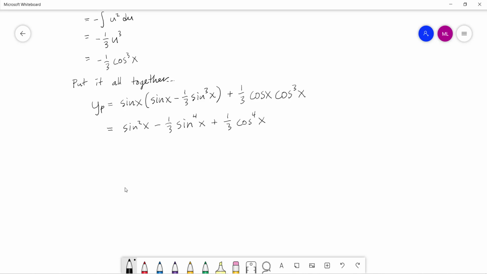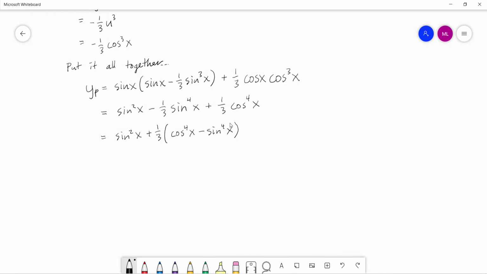This can be simplified a little bit if we're willing to do some ugly algebra. I can play a little bit with these two terms. So we could write this as sine squared of x plus 1/3 times cosine to the 4th of x minus sine to the 4th of x.